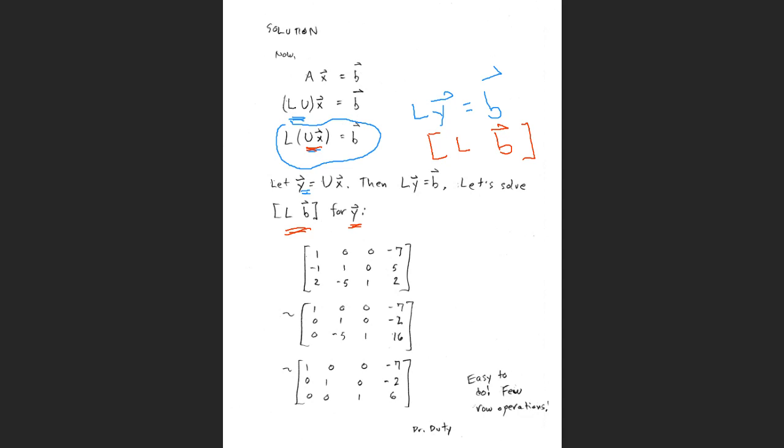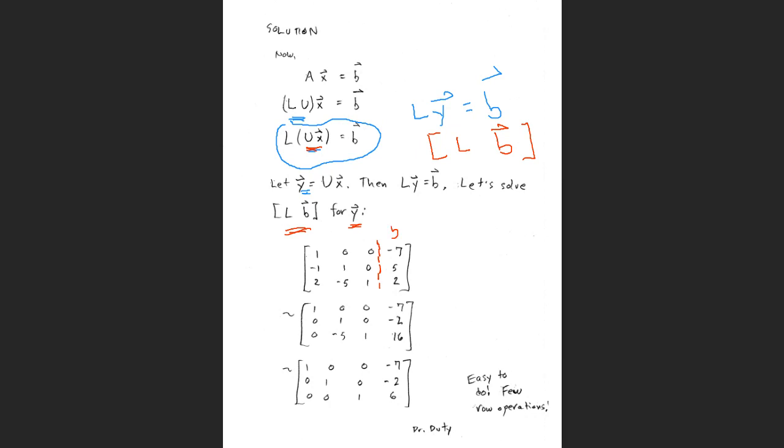So what I do is we have that lower unit triangular matrix here to the left of the dash, and then the vector b over here.